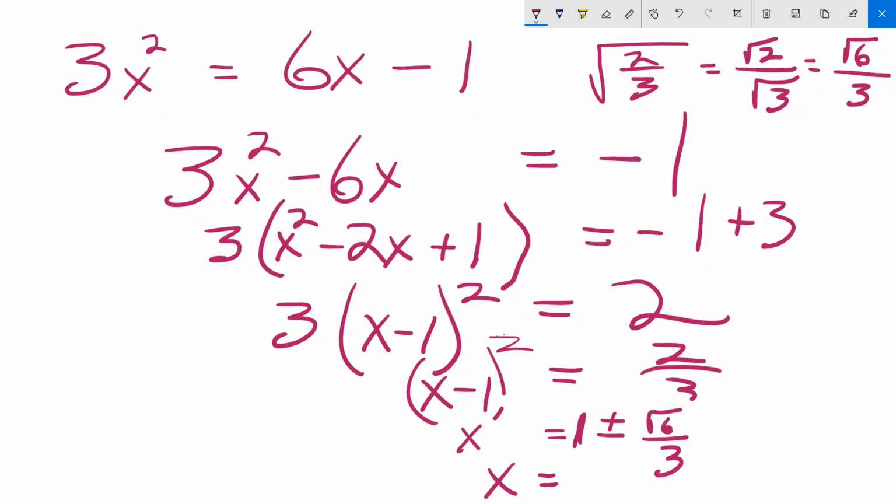Yeah, but we can also go one step further and make 1 into 3 over 3. So it would be 3 plus or minus square root 6, all over 3. Like that. And whether or not you need to take that last step, I really have no idea. Whether your teacher would want you to take that last step or not.